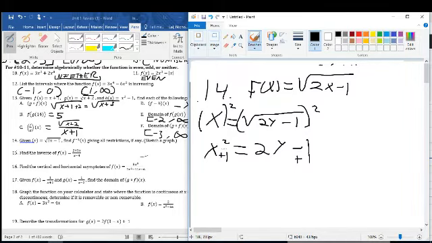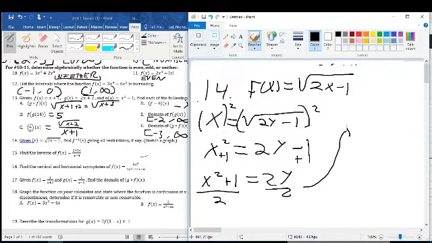So that means that x squared plus 1 is equal to 2y. Divide each side by 2. And I'll ultimately get y is equal to 1/2 x squared plus 1/2.